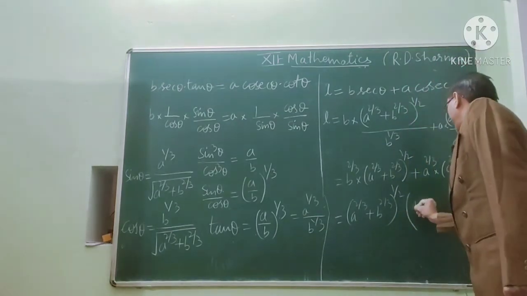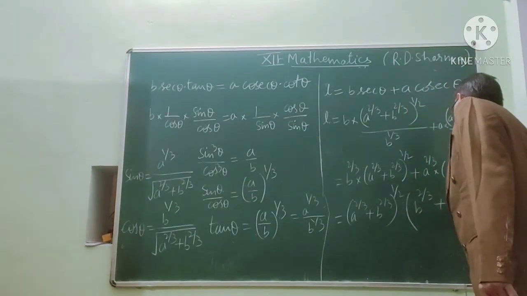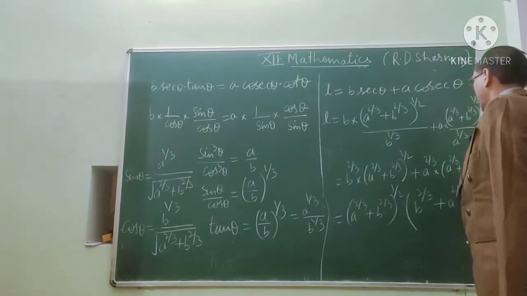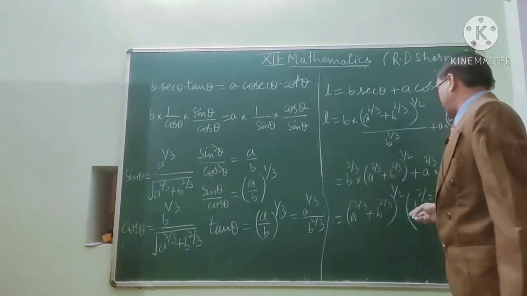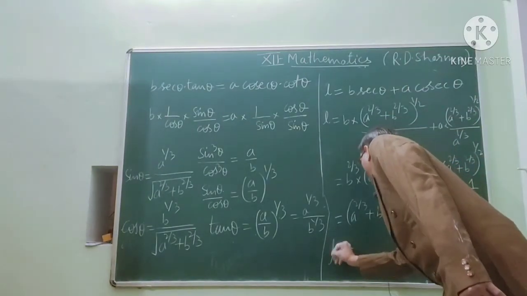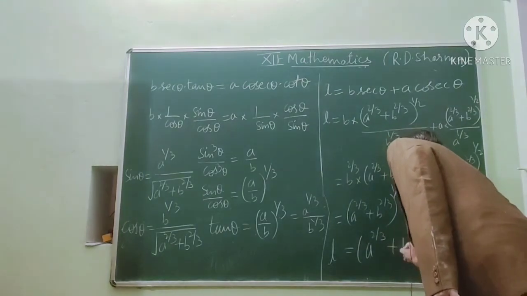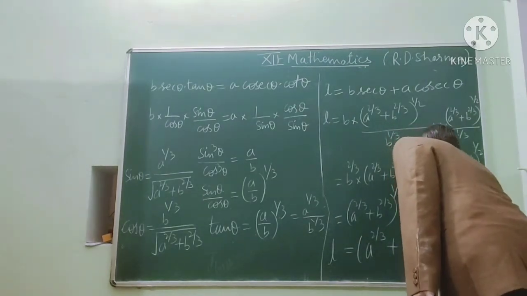We get b^(2/3) plus a^(2/3), which is power 1, and with power 1/2 the whole power is 3/2. So the length becomes (a^(2/3) + b^(2/3)) whole power 3/2.